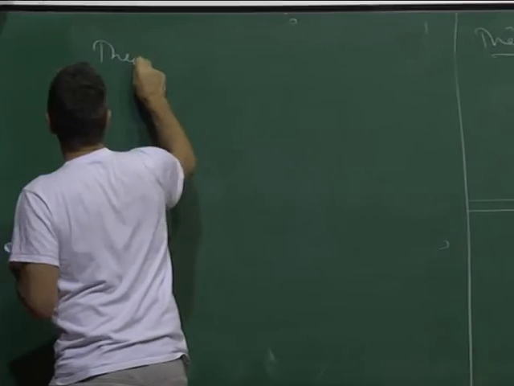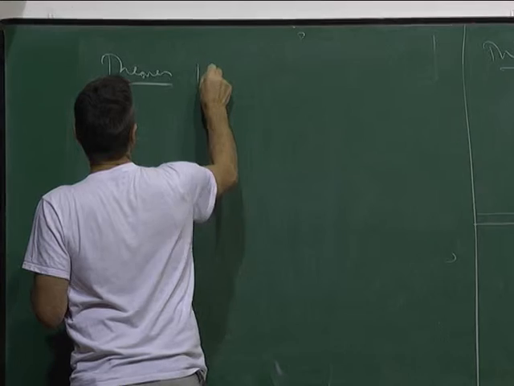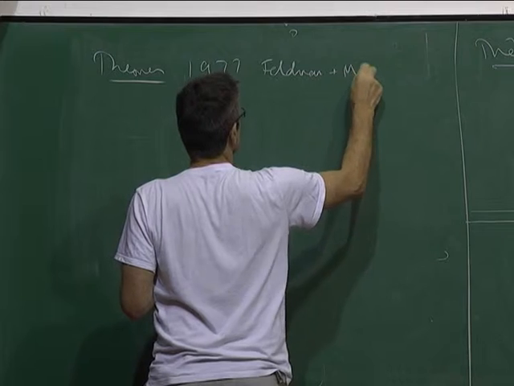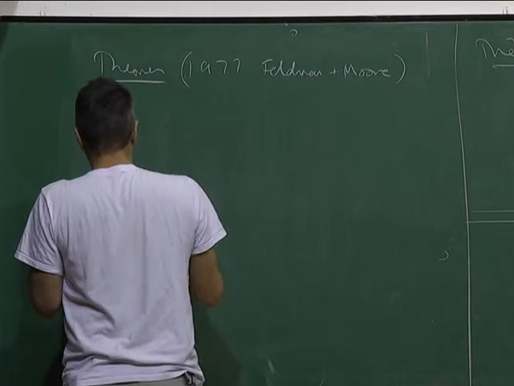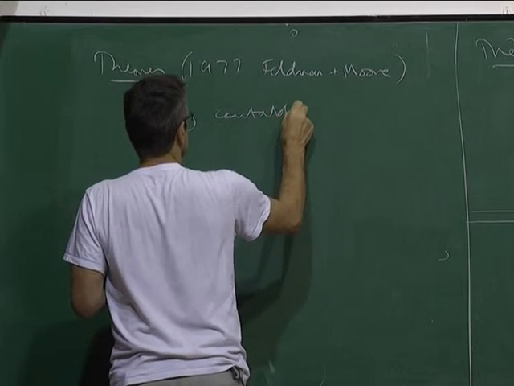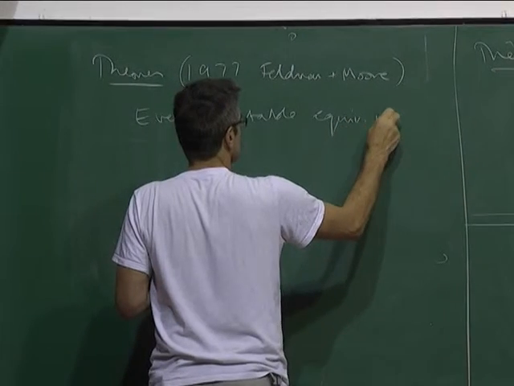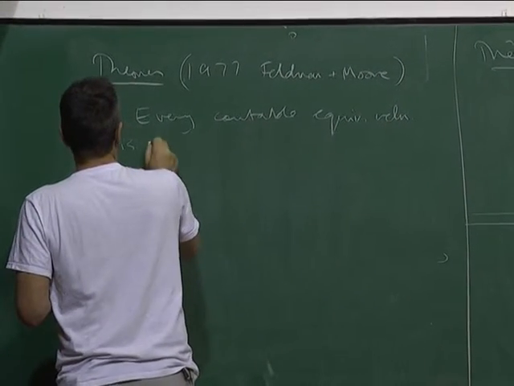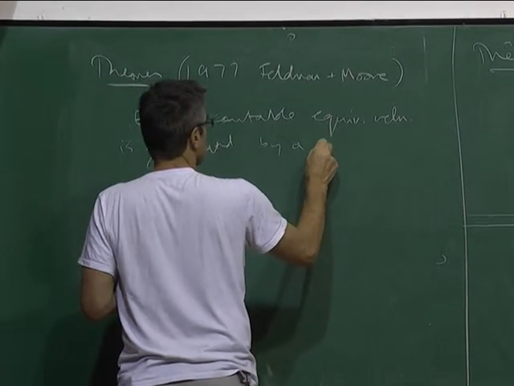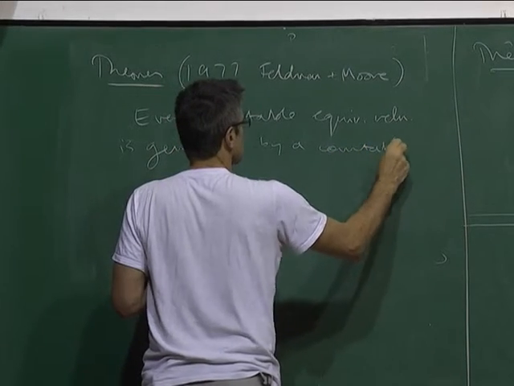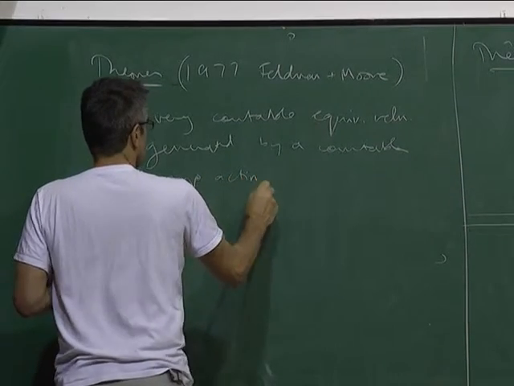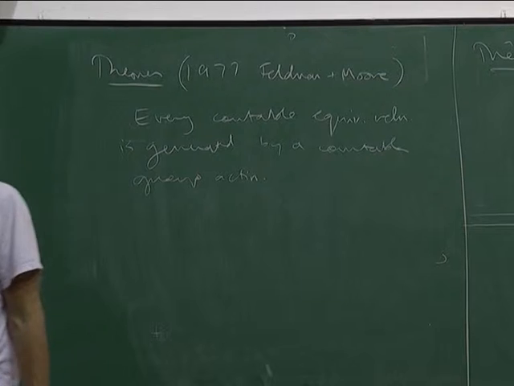And there's a theorem, 1977, Feldman and Moore: every countable equivalence relation... So it appeared that we'd got a long way from groups, but in fact we're still within groups.